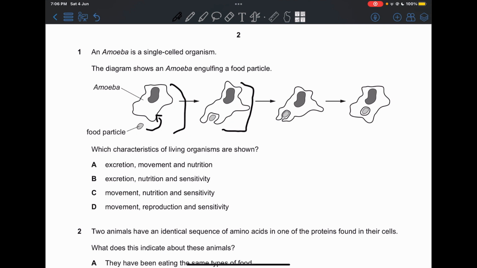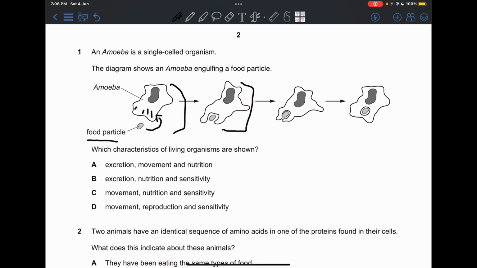Also, of course, there is movement because as you can see, it was just like that over here. The body looked like that. And then when the food particle came in contact, it extended its body over here, some sort of extension. So we're going to be choosing an option with movement and sensitivity. Now, of course, because this is a food particle, this is going to be nutrition because it's doing that process.